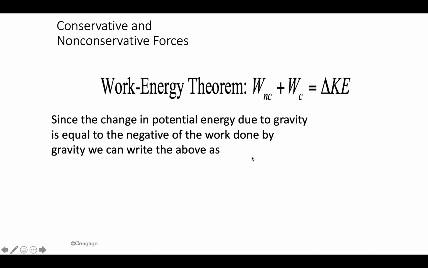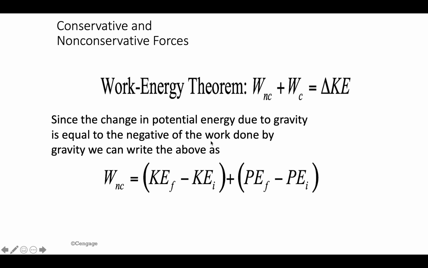Okay, so since the change in potential energy due to gravity is equal to the negative work done by gravity, we can write that the work done by non-conservative forces basically equals the change in kinetic energy plus the change in potential energy.